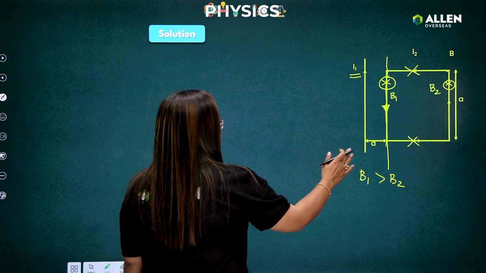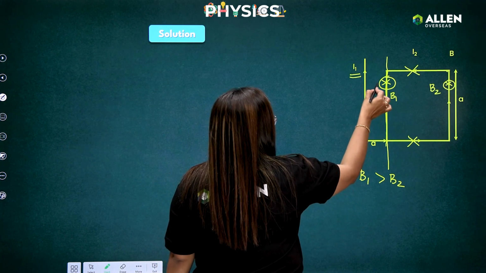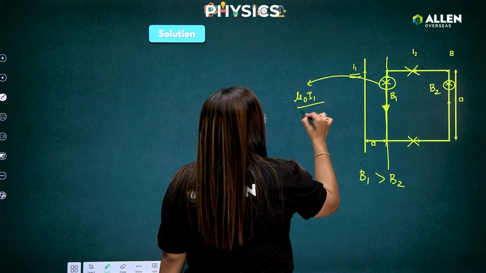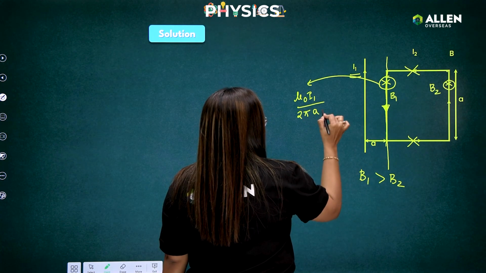This is an infinitely long current carrying wire, so the magnetic field produced at this point can be written as mu naught I1 divided by 2 pi, and the perpendicular distance is A here.